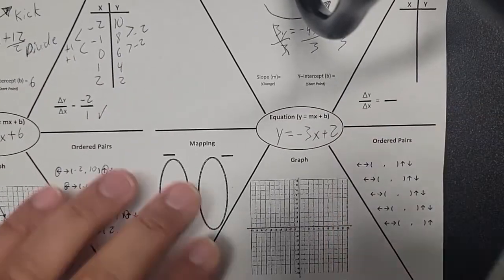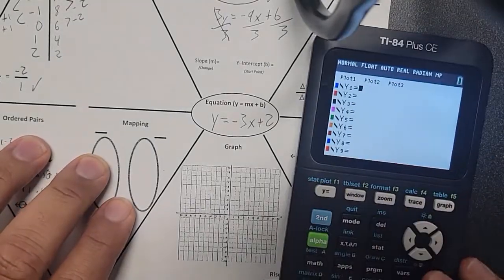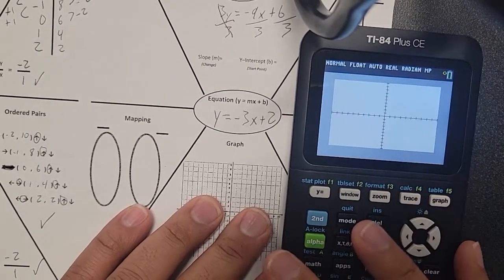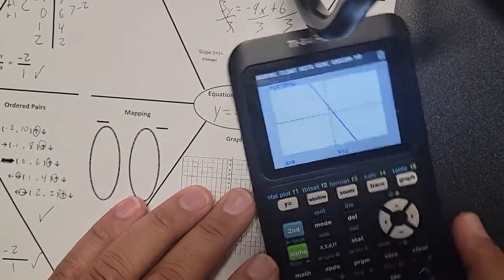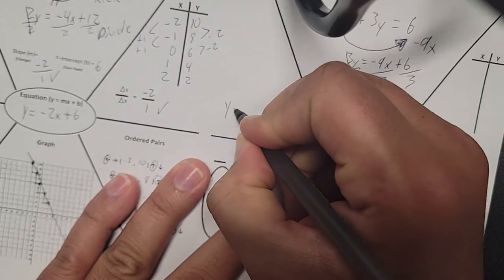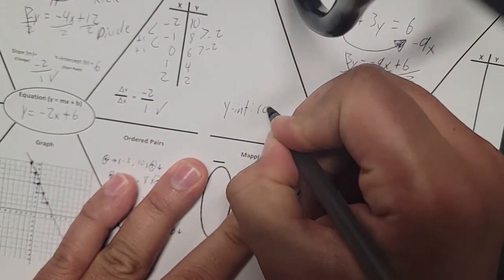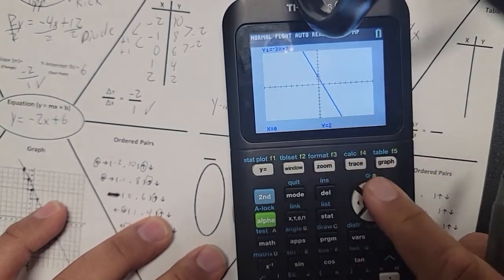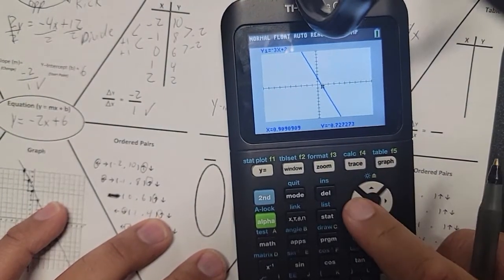Let's put this in the calculator. All right. Y equals -3x plus 2. Push trace, right? The trace button. So now we have the y-intercept, 0, 2. So that's the easy one. The y-intercept is 0, 2. Now for the x-intercept, let's move it over where it crosses.